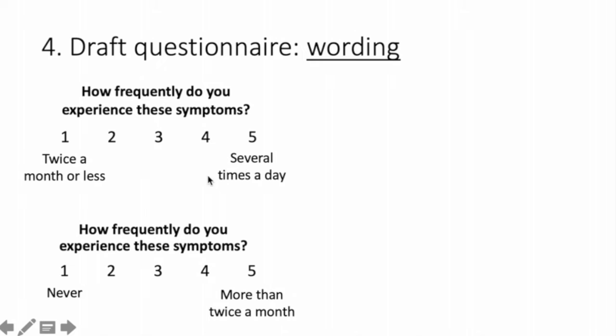So it's a very different time scale between the scaled answer. If we look at the response rates, we see very different responses.